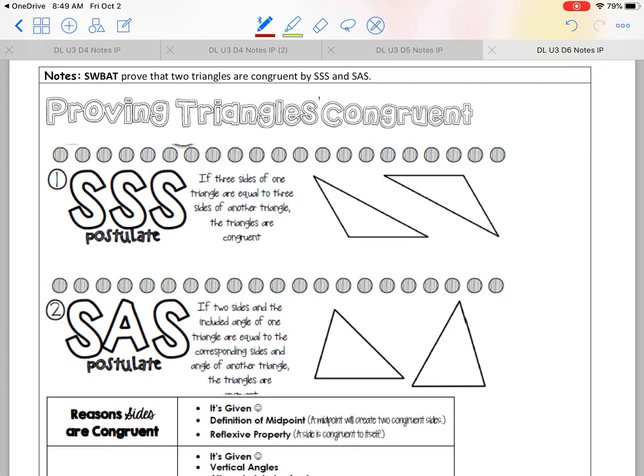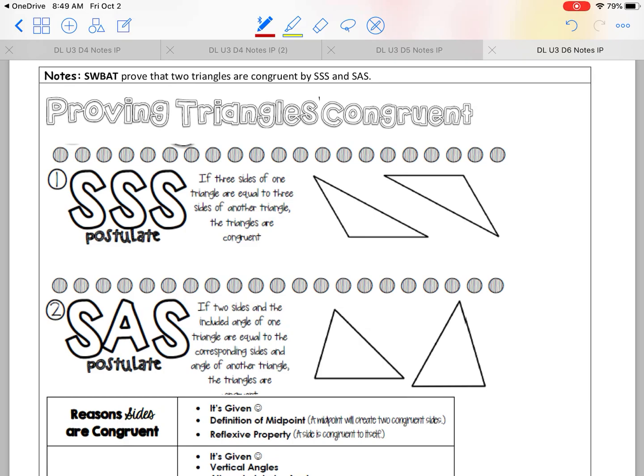Today I'm going to be showing you 2 shortcuts that would help you to prove that two triangles are congruent, if you're able to find that 3 pairs of corresponding sides are congruent, or if you have 2 pairs of sides and an angle.